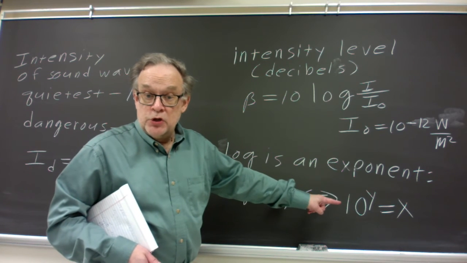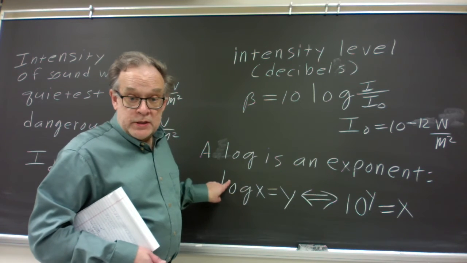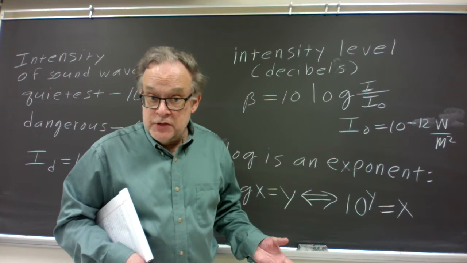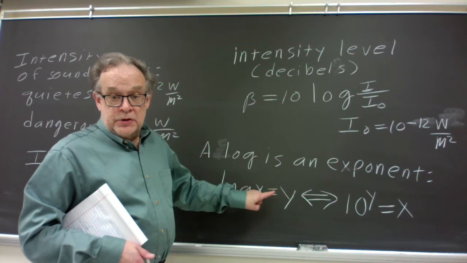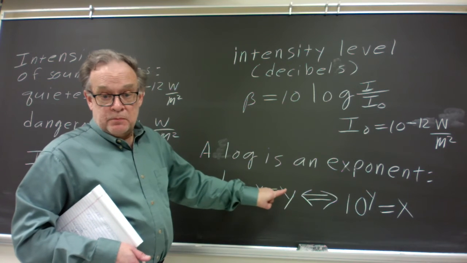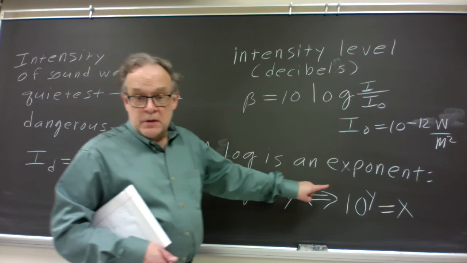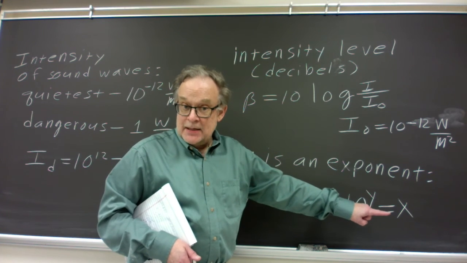Specifically, it's the power to which we raise 10. Whenever we say log, we're talking about powers of 10. And specifically, the log of x, which we call y, is the power to which you raise 10 in order to get x.